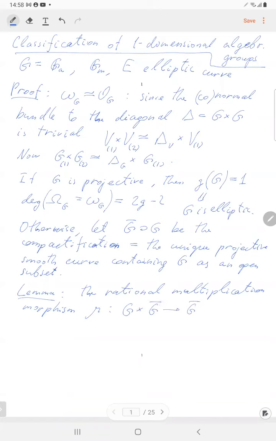I mean, G bar is birational to G. So when I say birational morphism, I mean just multiplication morphism from G times G to G. But we view it as a birational morphism of action of G on G bar. So this rational morphism is actually regular.